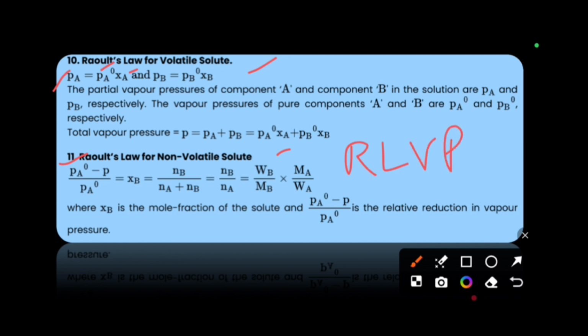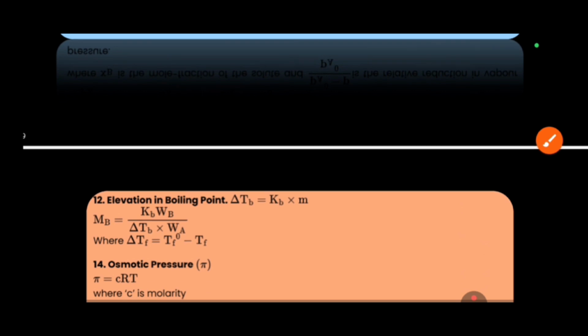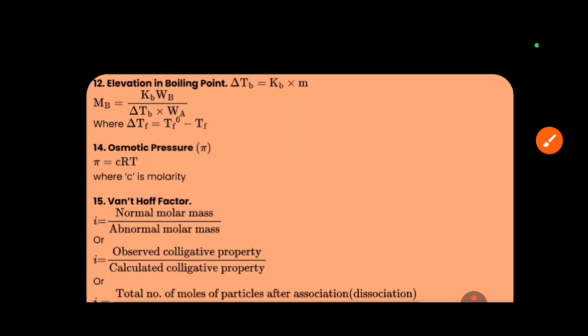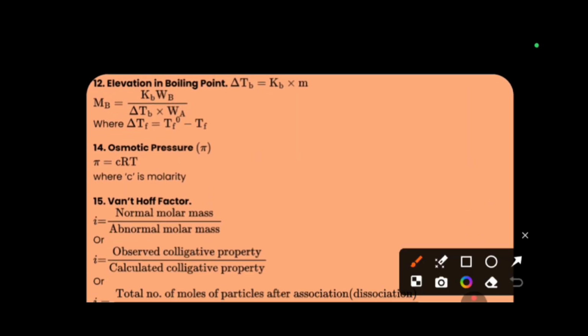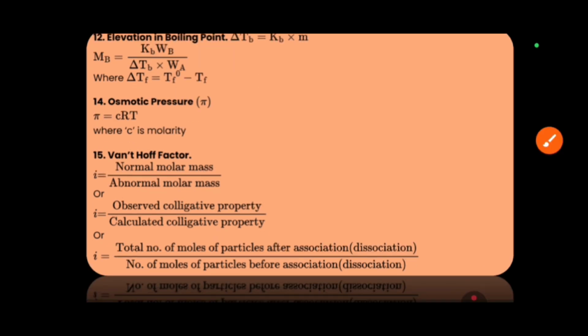So P naught minus P divided by P naught, where P naught is the vapor pressure of the pure solvent and P is the vapor pressure of the solution, is always equal to the mole fraction of the solute. Elevation in boiling point is delta TB is equal to KB into m. Osmotic pressure is pi is equal to CRT.